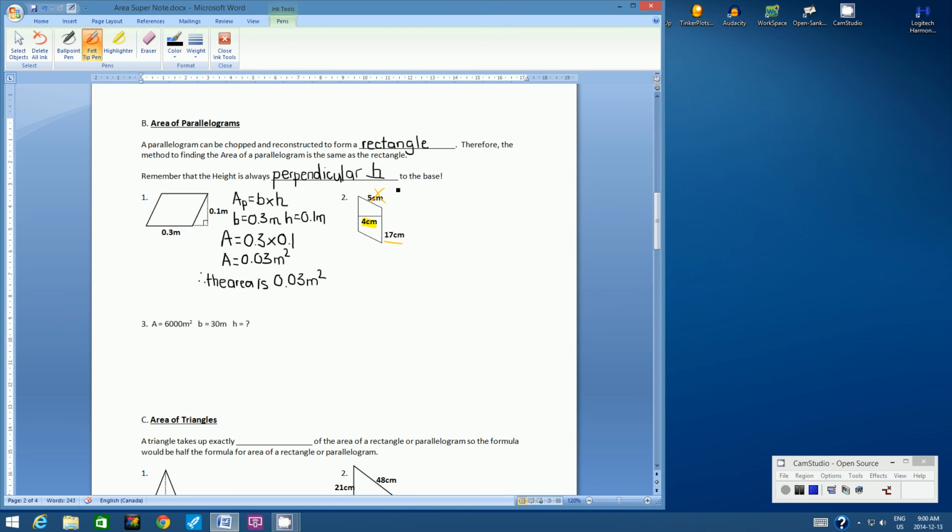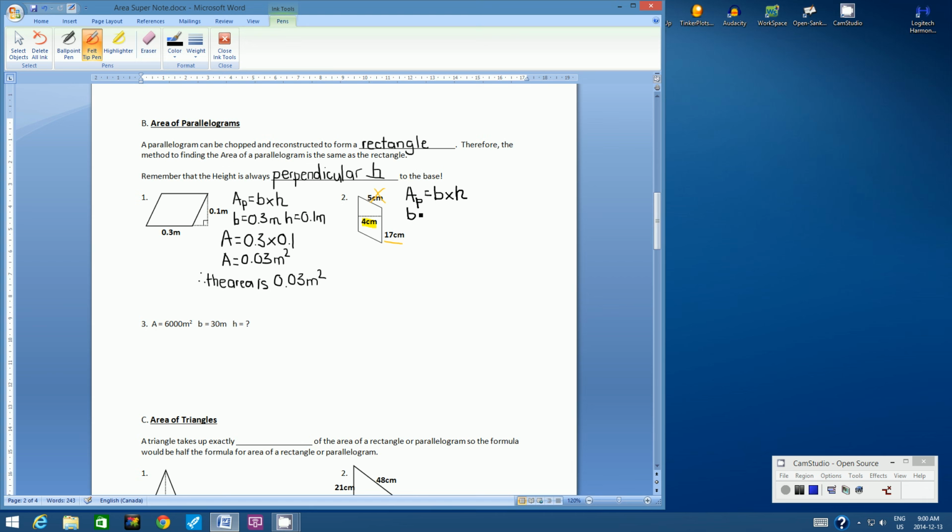Okay. So let's start with our 5-line solution. And again, if you're getting the hang of this, then get ahead of me. First line is our formula line. Area of parallelogram equals base times height. Line 2 is our information line.